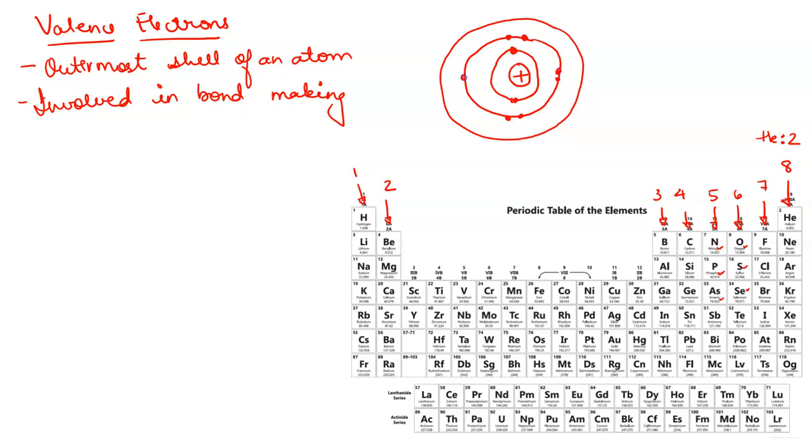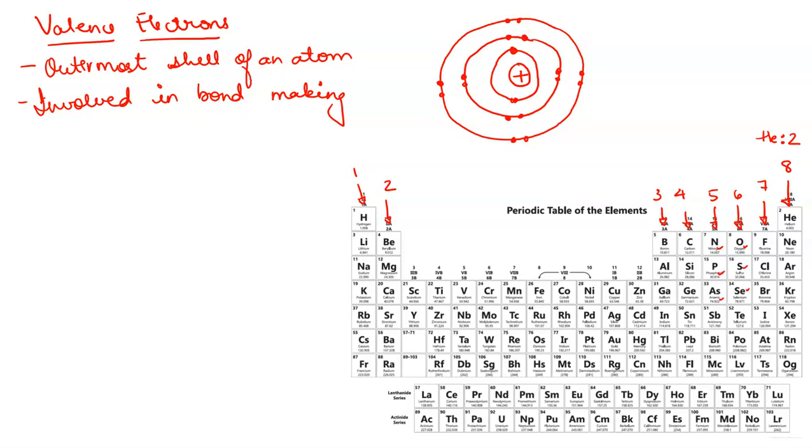And then the third one can contain a maximum of 8 electrons, and so on and so forth. So each shell has a certain capacity, and the outermost shell is where the valence electrons are found in each of the atoms. Think of an onion: whatever electrons are in the outermost layer of the onion, those are the electrons that are involved in bonding.